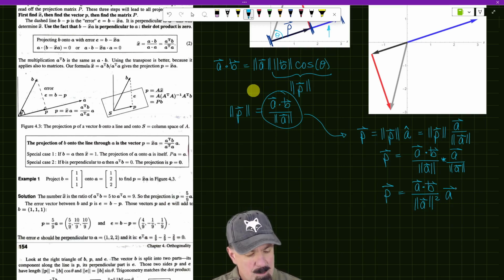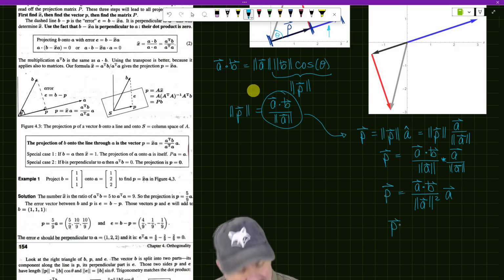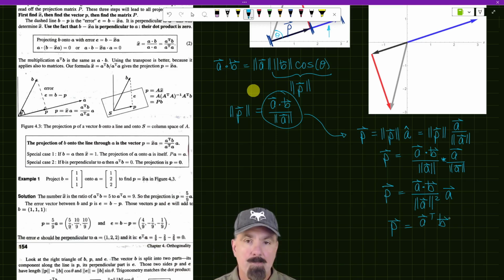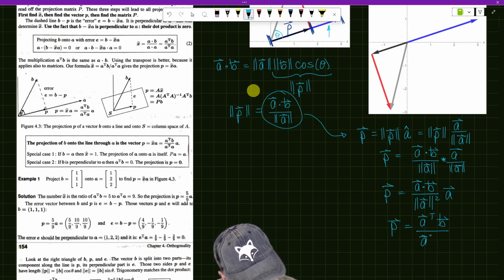Again, for those of you who took vector calculus, this may look familiar to you, understanding what these pieces are. But now that we understand about inner products, how dot products and inner products are the same thing, we can rewrite this. The P vector, the projected vector, is actually equal to the A vector transpose times the B vector, that's the dot product of A and B, divided by the A vector transpose with itself, multiplied times the A vector.